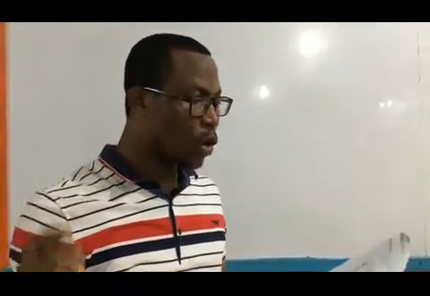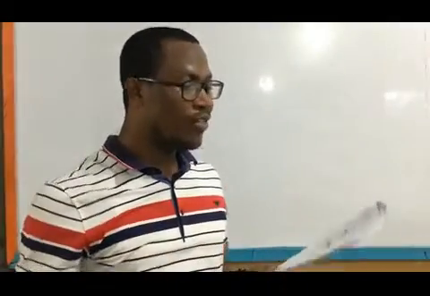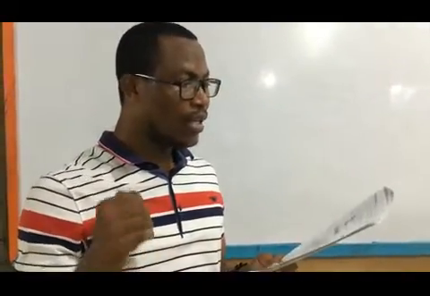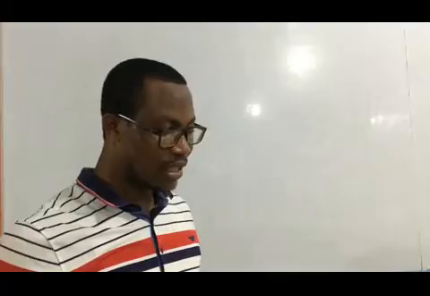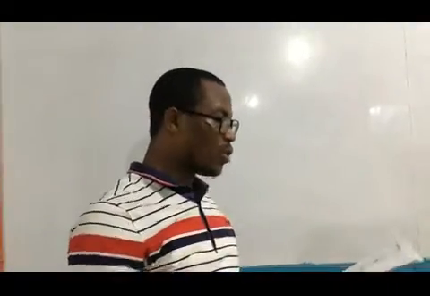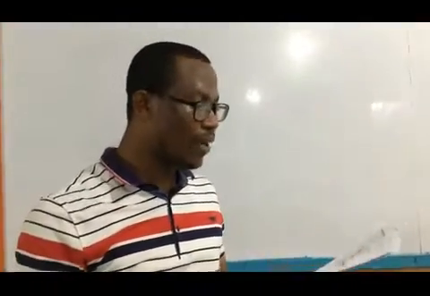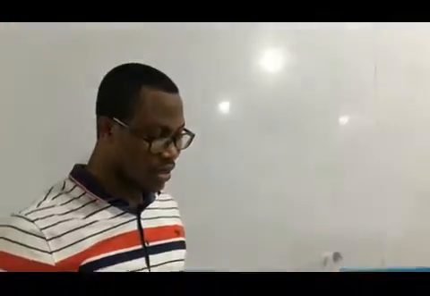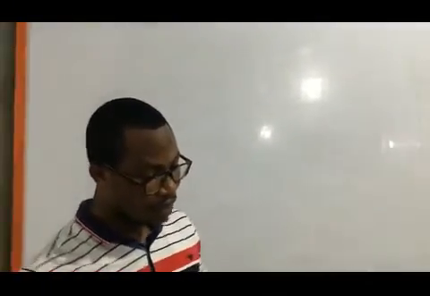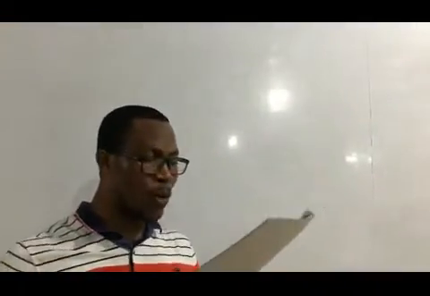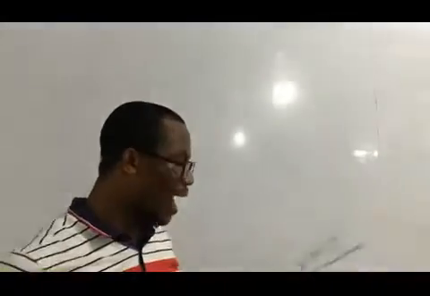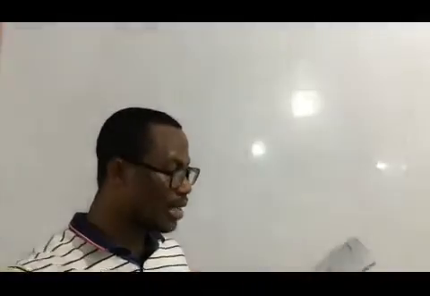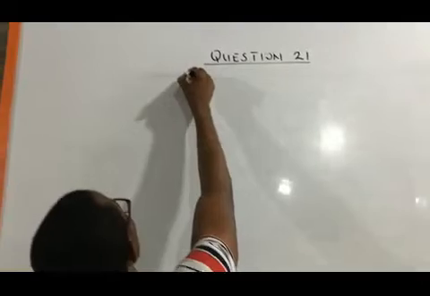The question continues by saying, study the figure carefully and answer the questions that follow. A(i) says, name the parts labeled I up to IX, and A(ii) says, state one function of the parts labeled III, IV, and VII. So let's look at question A.